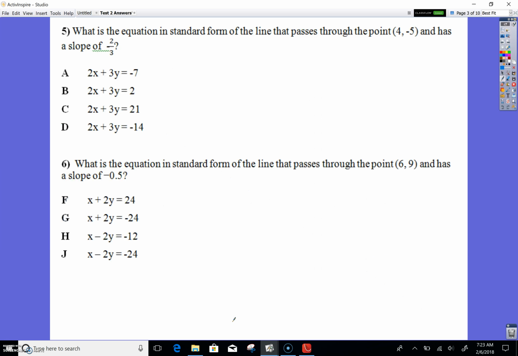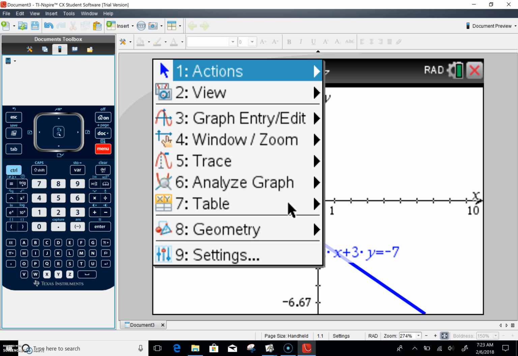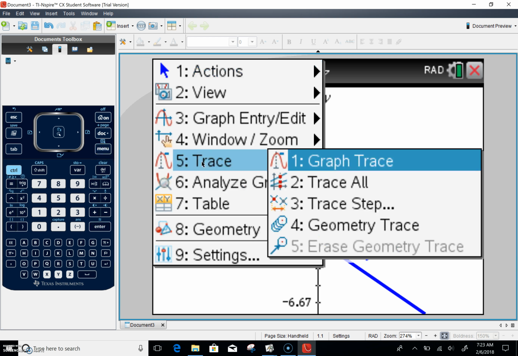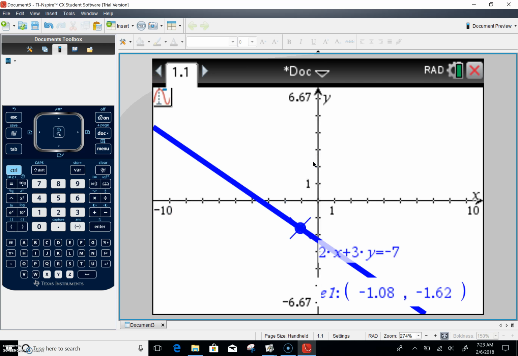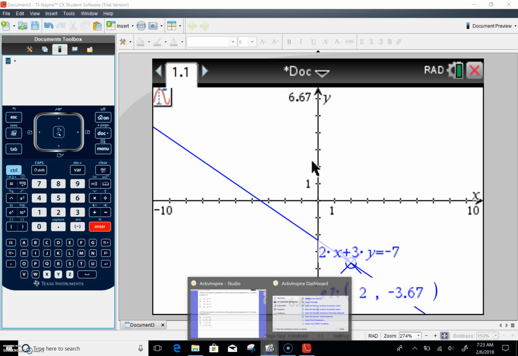What I want to see is if it goes through 4, negative 5, and has a slope of negative 2 over 3. So I'm going to go menu, trace, graph trace, 2, enter.